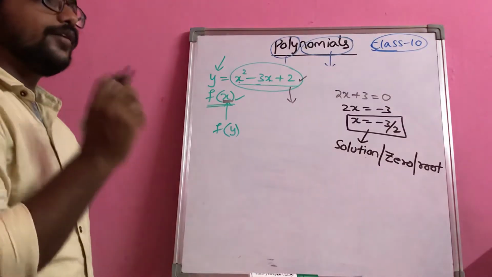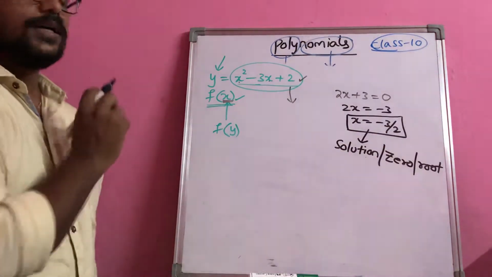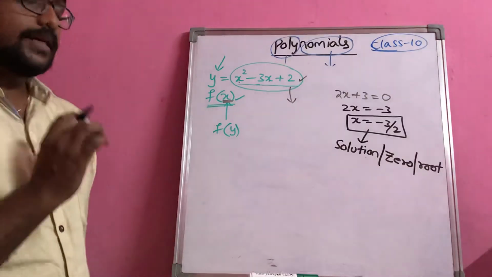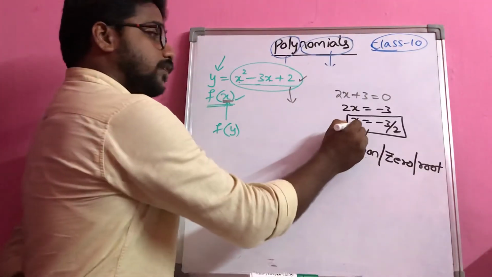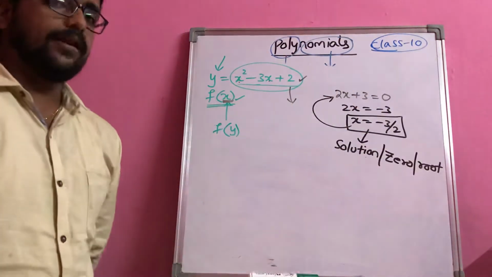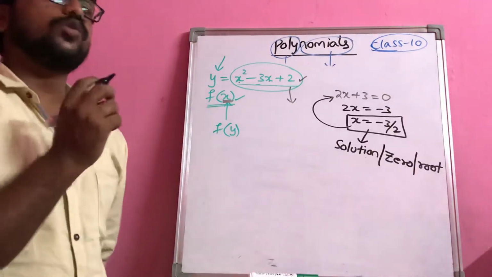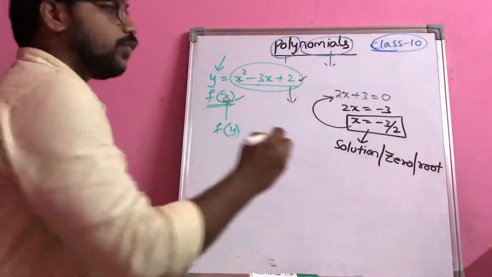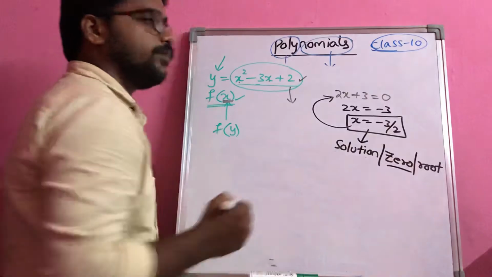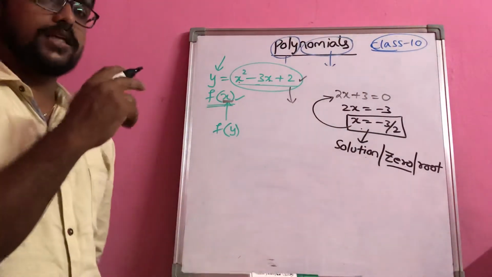So you can say a particular number is a solution of that equation when you substitute this value in the given function again, if it is satisfying, then it is called as a solution of that equation. So why are we calling this a 0? Because if you substitute here, you are getting the answer 0 is equal to 0.